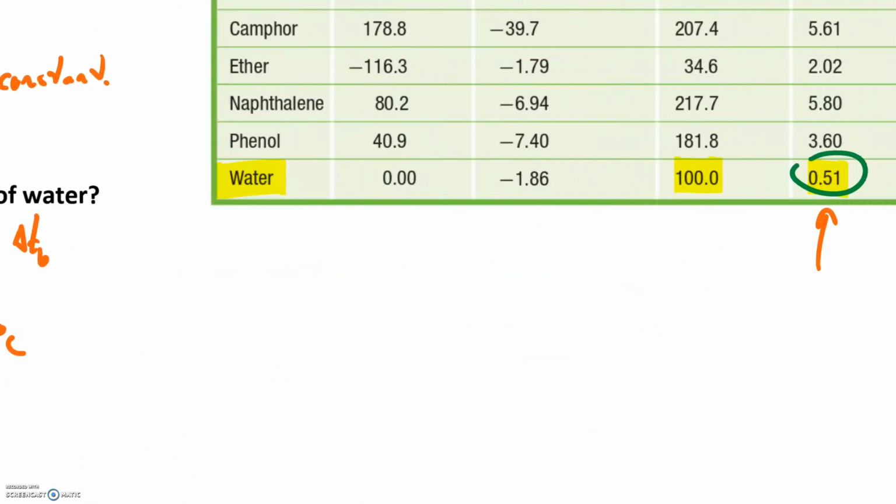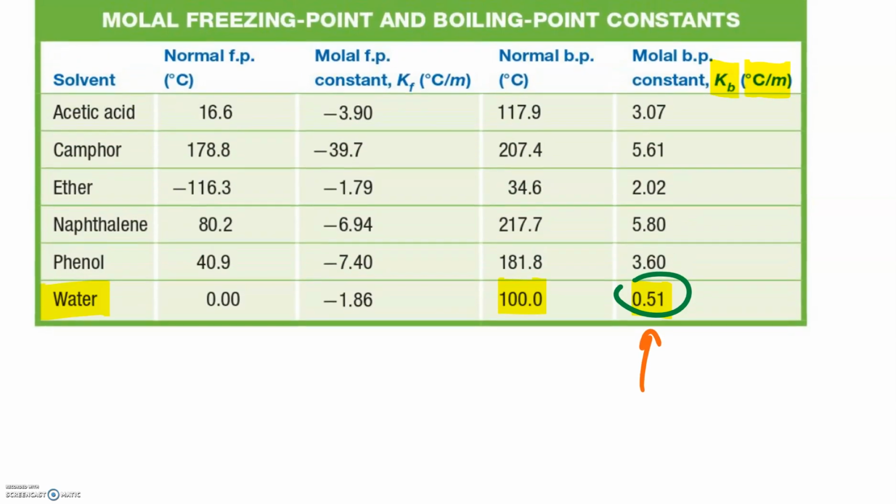And it tells you what the freezing point constant is for every different solvent. Here's water, has a normal freezing point of 0 degrees Celsius, and it has a freezing point constant of negative 1.86 degrees Celsius. So that's a real simple calculation.